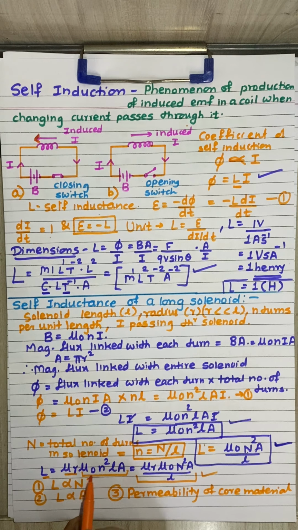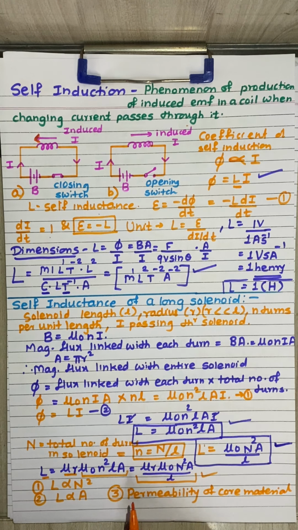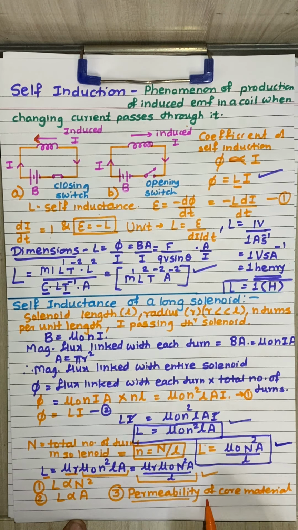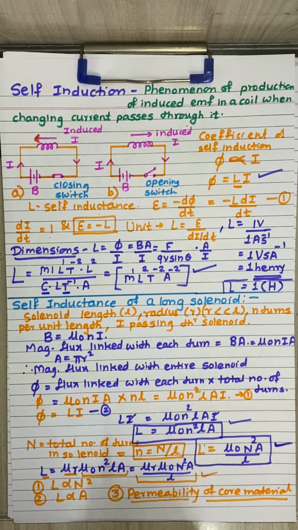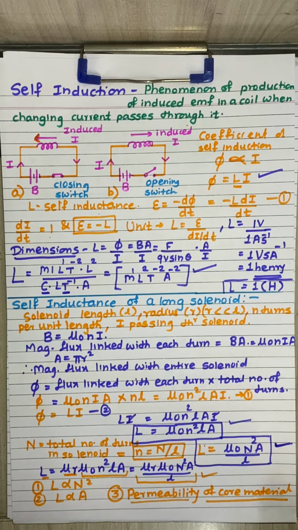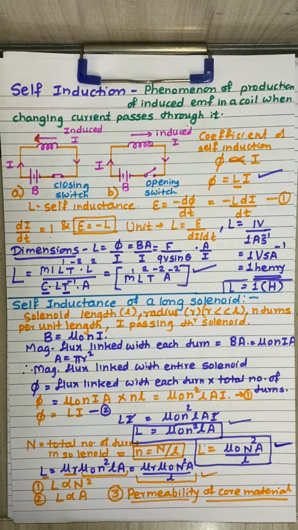So the self inductance of the solenoid increases mu r times if it is wound over an iron core of relative permeability mu r. So it also depends on the permeability of the core material. These are the three main important points to understand the factors affecting self inductance.